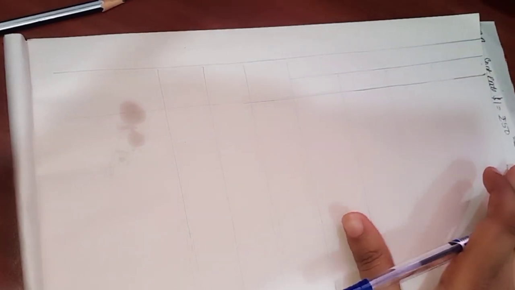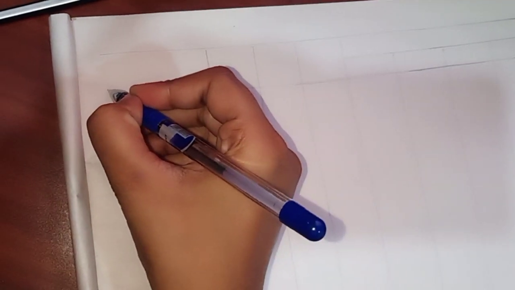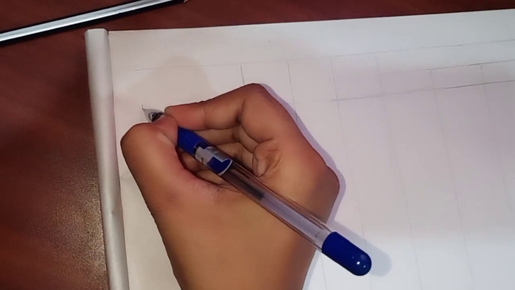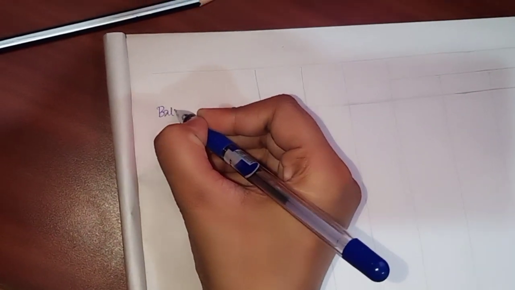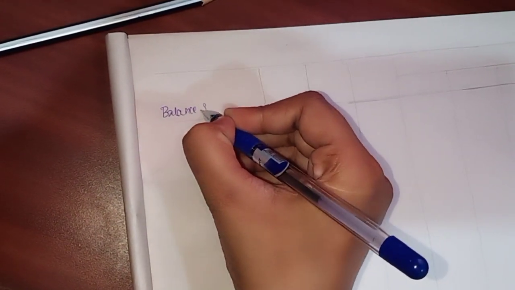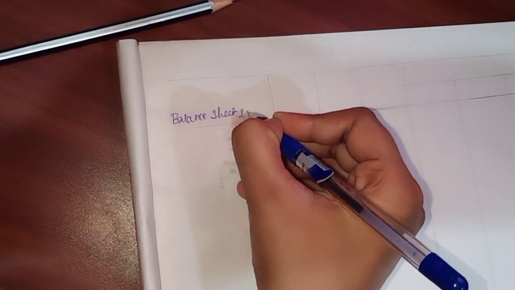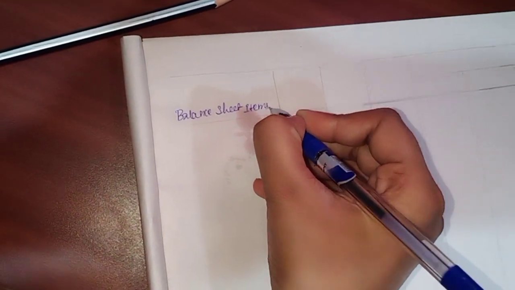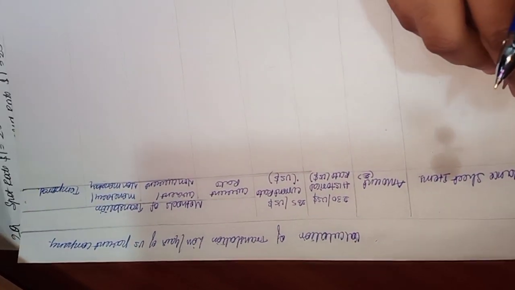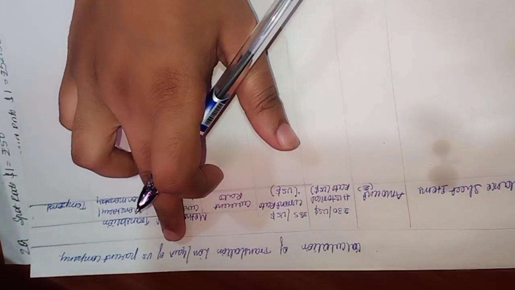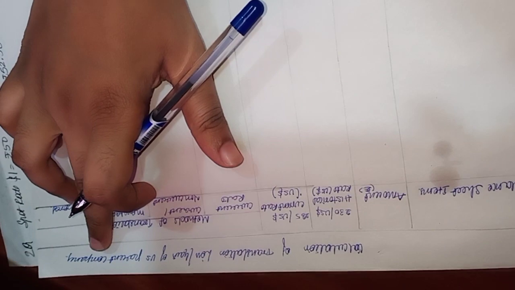This is the format, means you need to draw a table like this. First you need to write balance sheet items. These are the contents, girls. Write as heading: calculation of translation loss or gain of the US parent company.